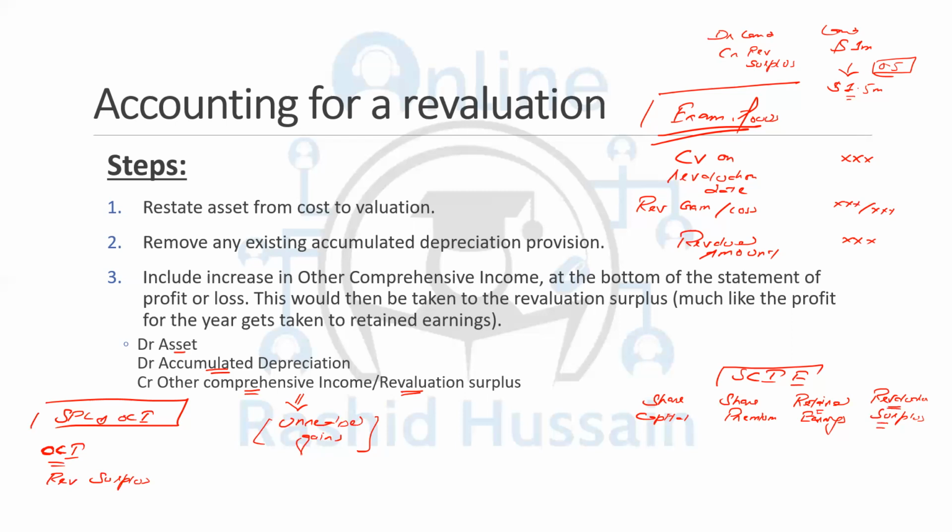So in the other comprehensive income, we will have the revaluation gain or loss. And these are unrealized gains, and generally speaking, these will be realized when the assets are sold. Otherwise, it remains in the revaluation surplus, which is a separate reserve for that.